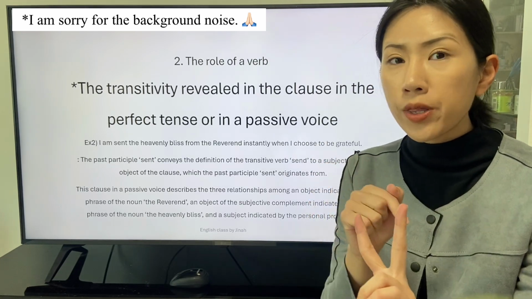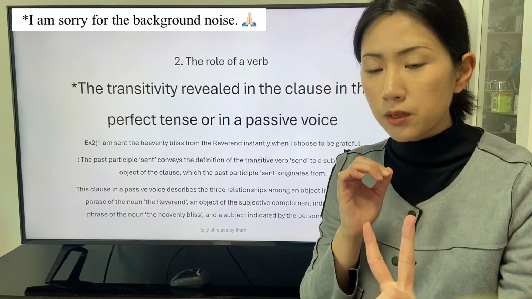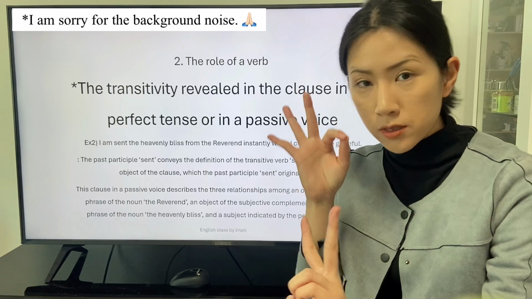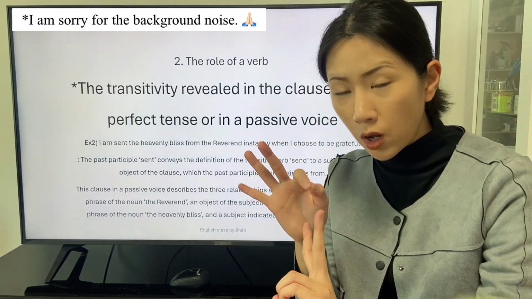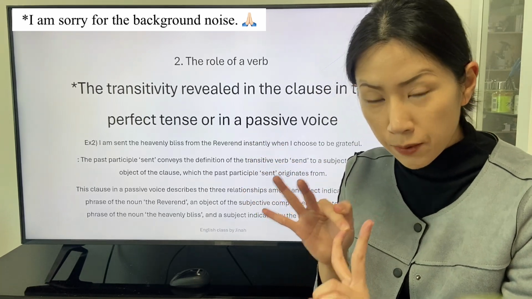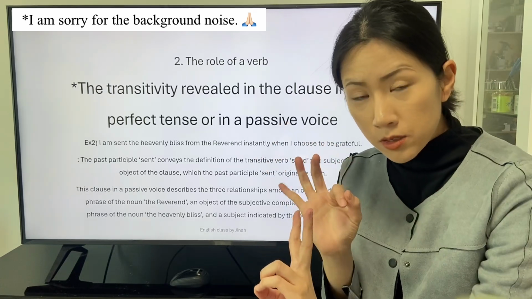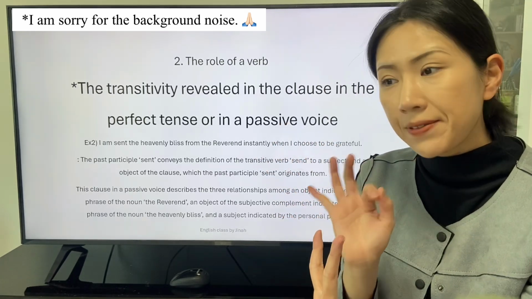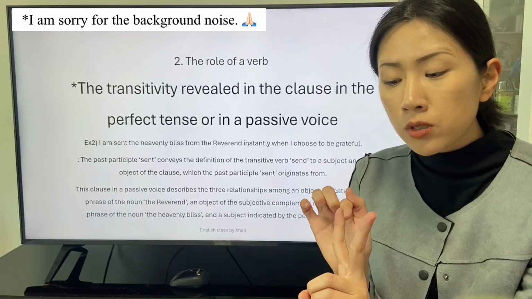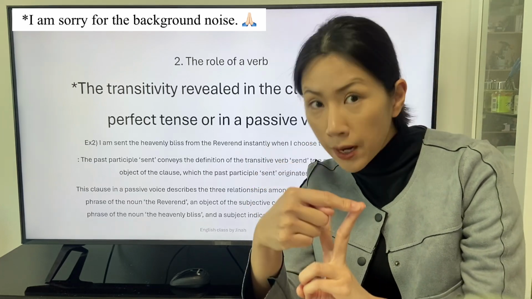In a clause with a different perspective, in a different narrative, to describe this interaction from the subject to the indirect object via the direct object is the same. So the subject, the referent, gives the definition of the transitive verb send to the direct object and then the indirect object.